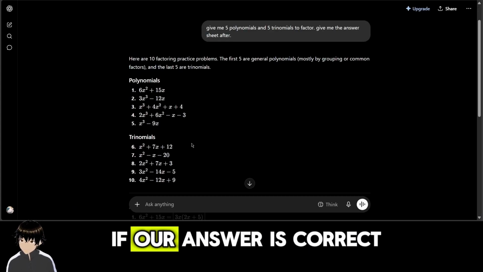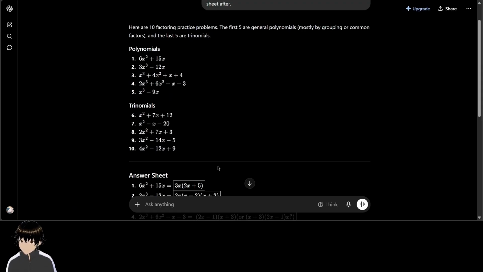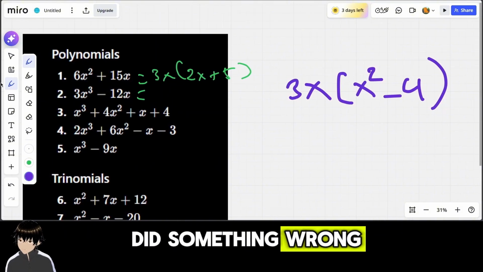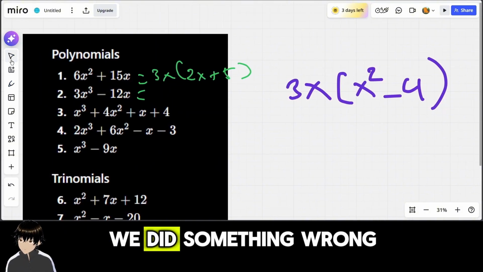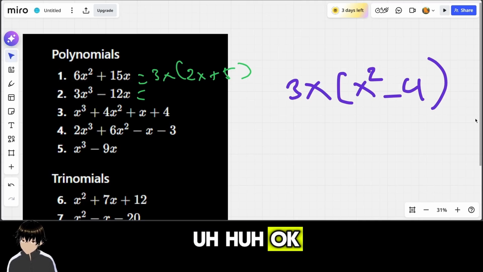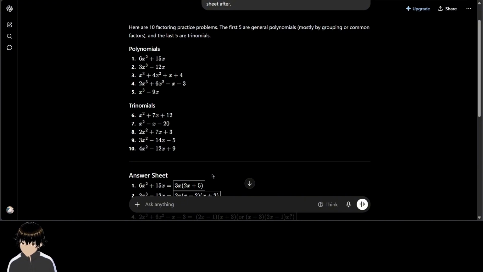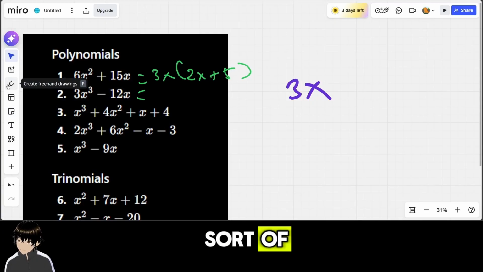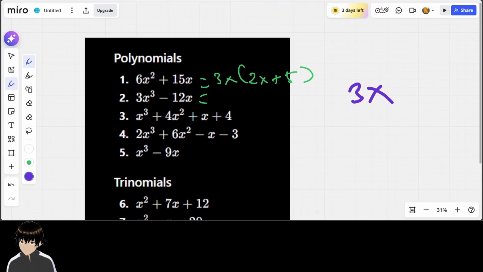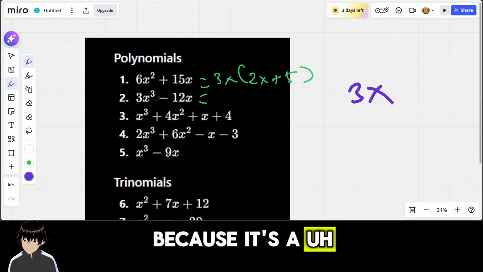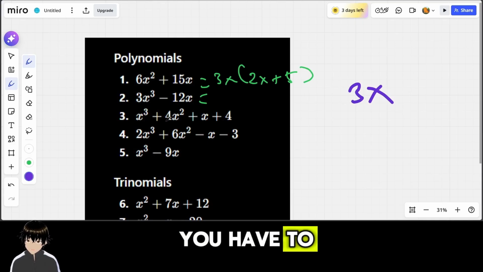Okay, so let's check if our answer is correct. Okay, so we did something wrong. Apparently, because it's an x cubed, I forgot that you have to consider the x cubed.